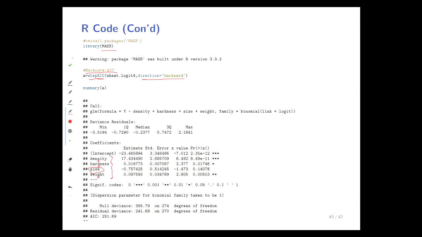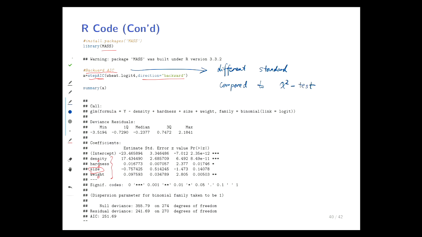The reason here is that AIC is actually a different standard compared to the F-test. Here it's not an F-test, it's actually a chi-square test, but the idea is similar to the F-test.